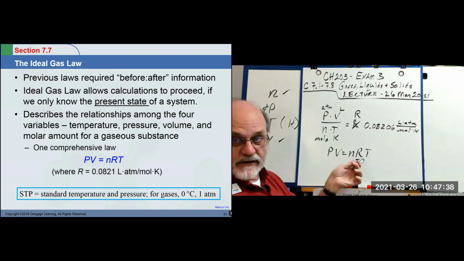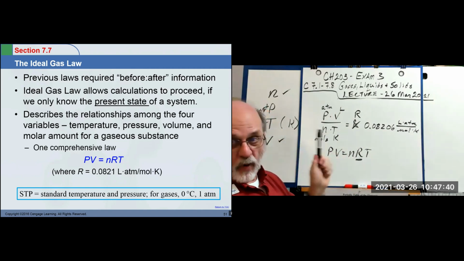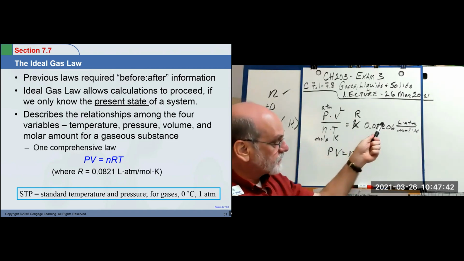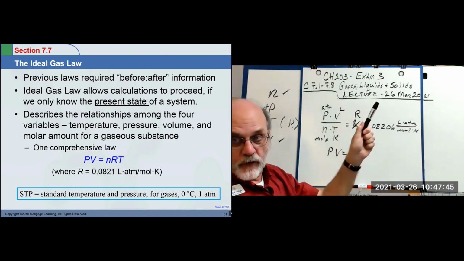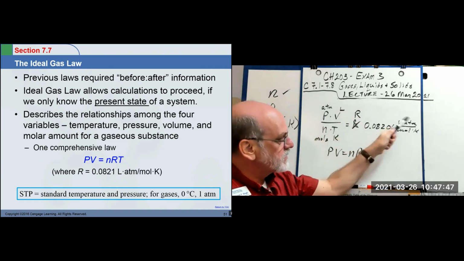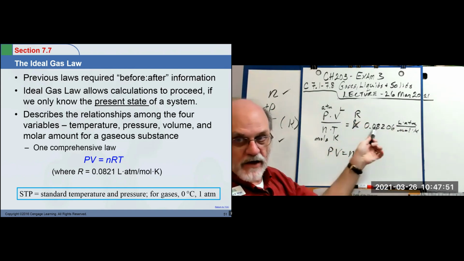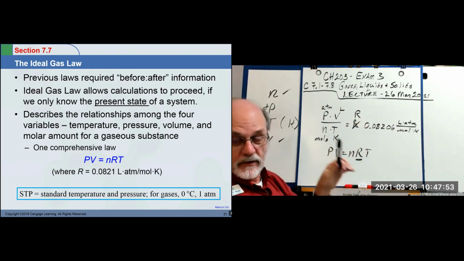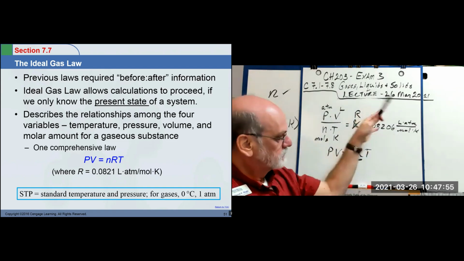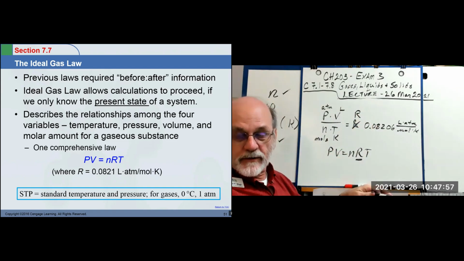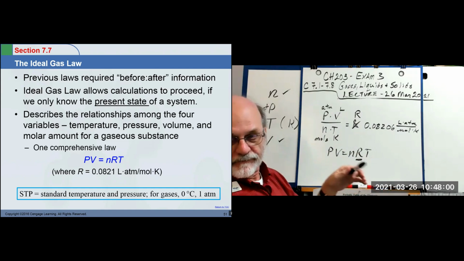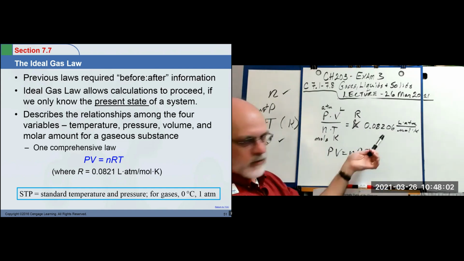If you're going to use that constant, your units for each of the others have to be liters, atmospheres, moles, and K. If it's anything else, that constant won't work. There are several R constants developed depending on the situation, but for our purposes, we're going to stick with this one.